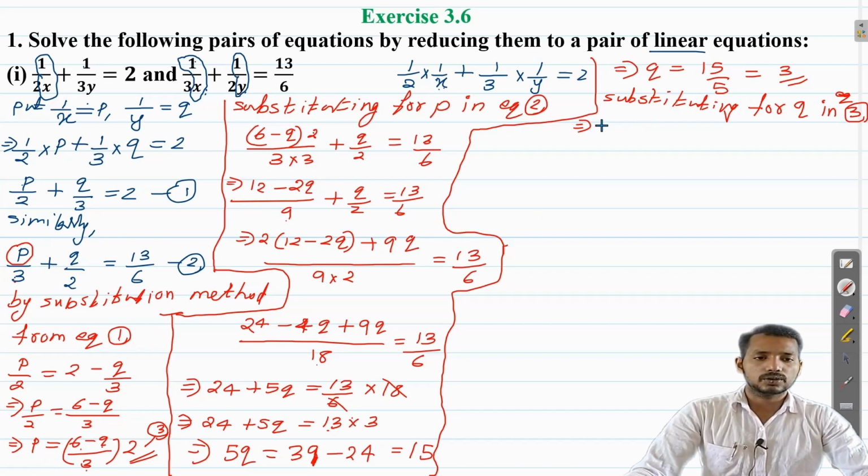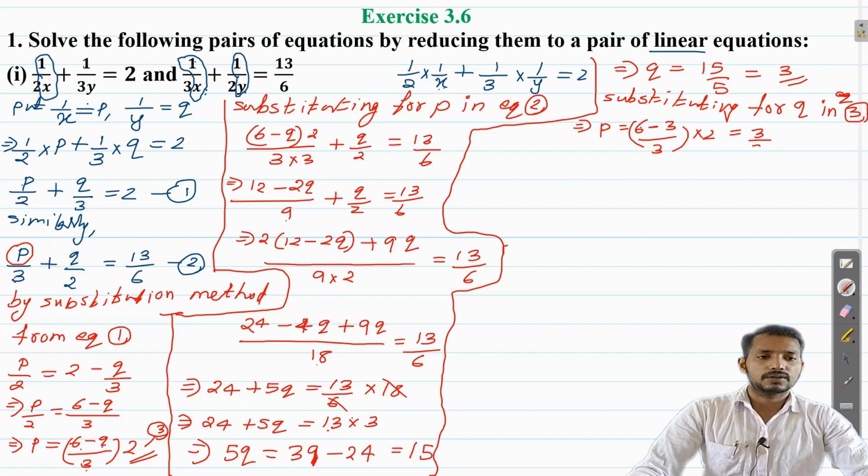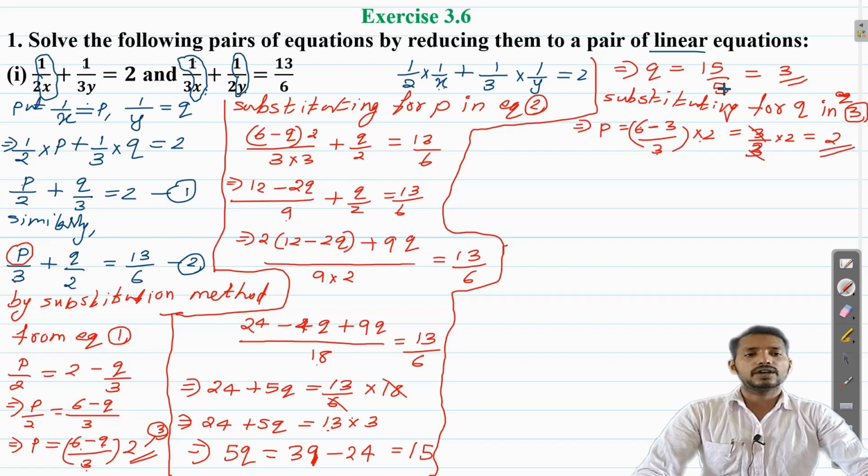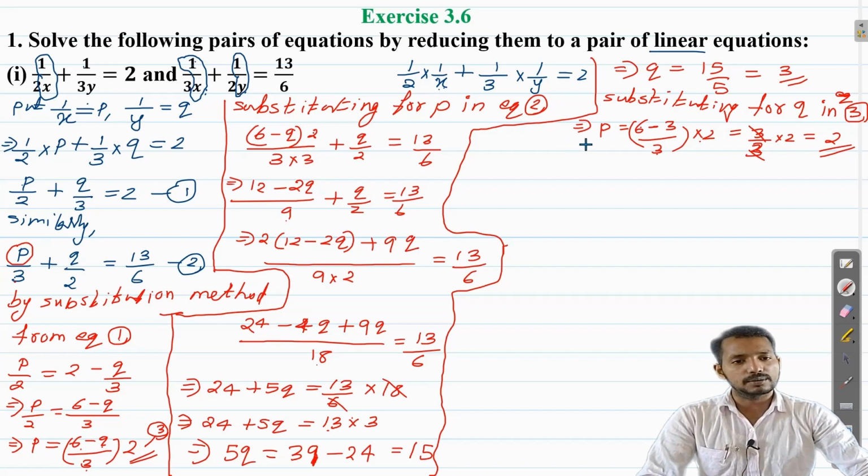P is equal to (6 minus q) divided by 3 into 2. With q as 3, 6 minus 3 is 3, divided by 3, into 2. So 3 by 3 is 1, 1 into 2 is equal to 2. So now we have got the value of q and p.